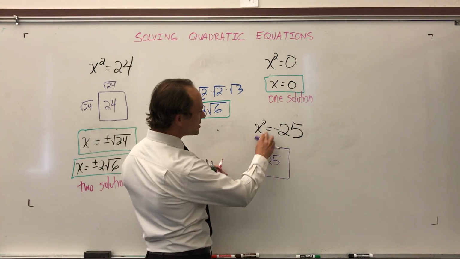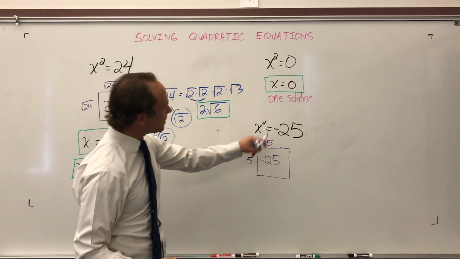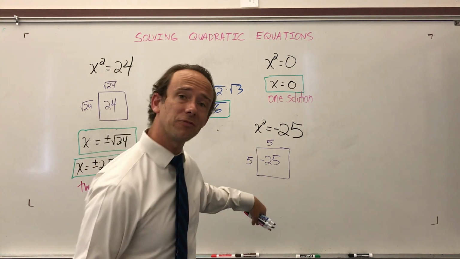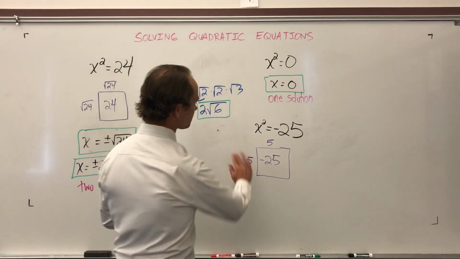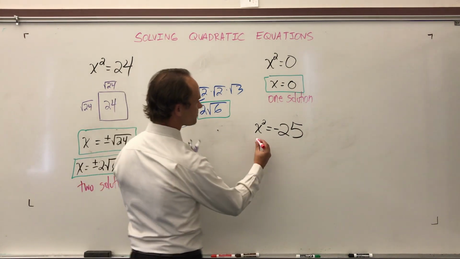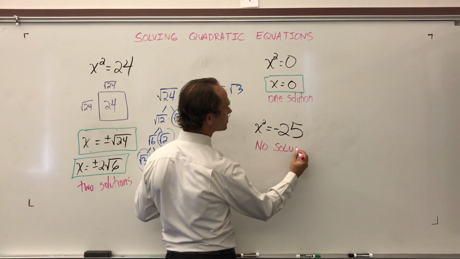But if the dimensions have to be the same, then it's either going to be 5 times 5, which would be positive, or it's going to be negative 5 times negative 5, which is also positive. So you cannot square a number and get a negative. So this would be no solution.